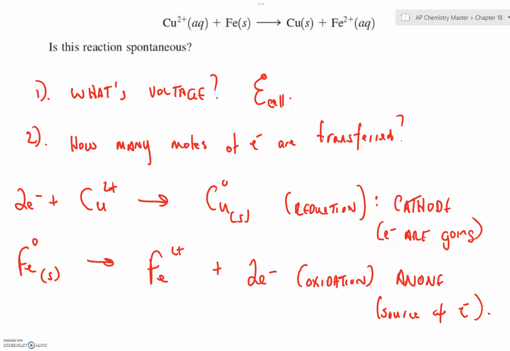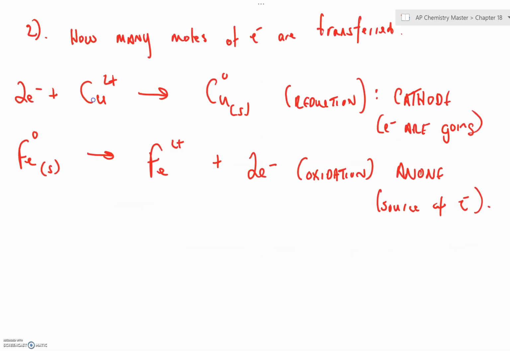Okay, so let's line these up and find out what our potentials are. So this is our reduction. Let's write it in the order of a reduction so it looks more like our half reaction. So Cu2+ plus 2e- yields copper with an oxidation number of 0.